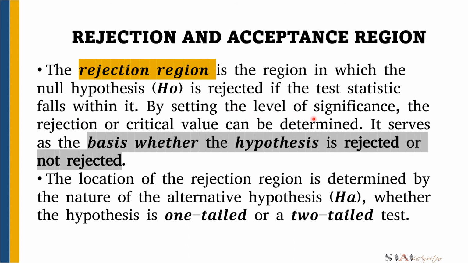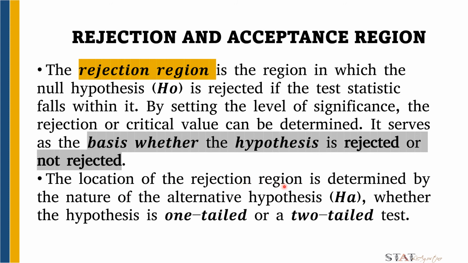By setting the level of significance, the rejection or critical value can be determined. It serves as the basis whether the hypothesis is rejected or not rejected. So remember, again, the rejection region is the basis whether the hypothesis is rejected or not rejected.